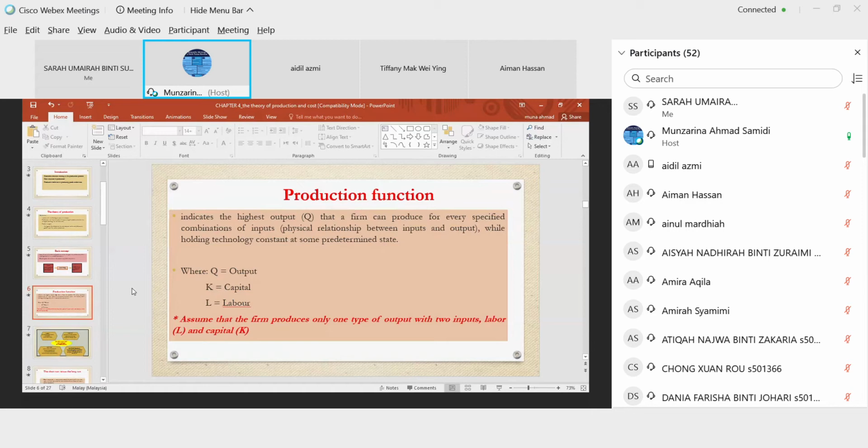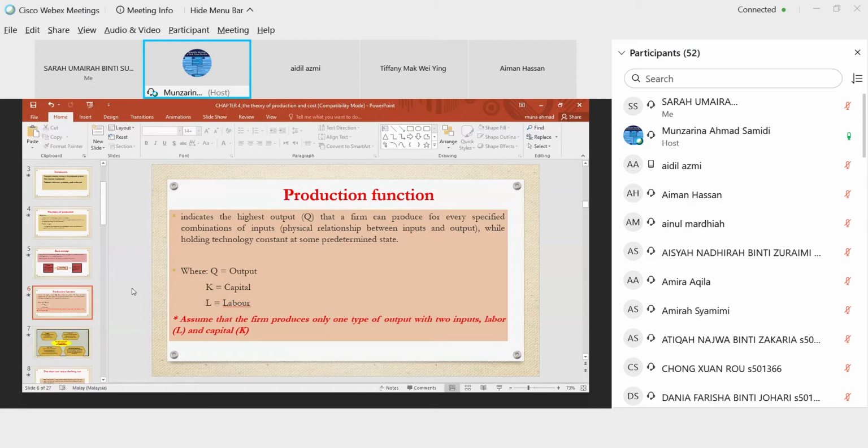For example, to produce one legal service, you need a lawyer, you need a building in which your lawyer will be working, you need papers, you need computers. Those are inputs.